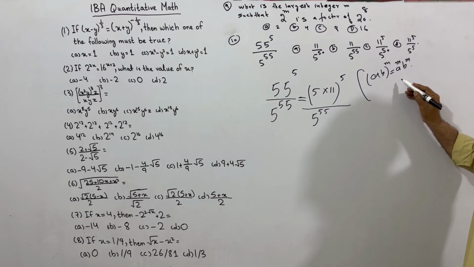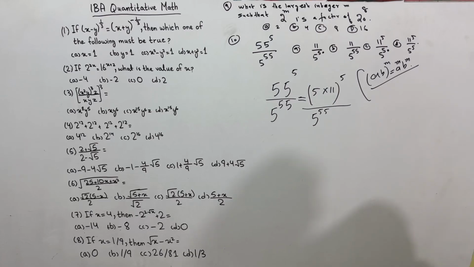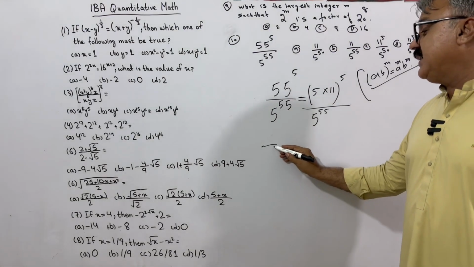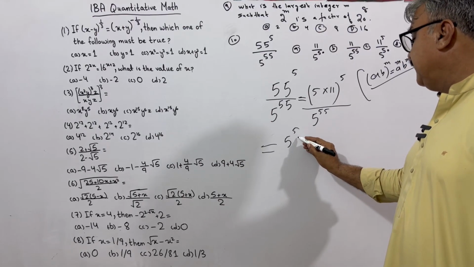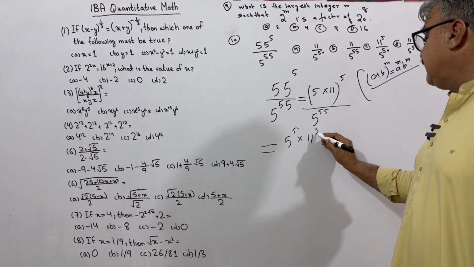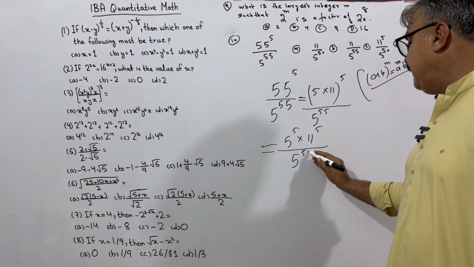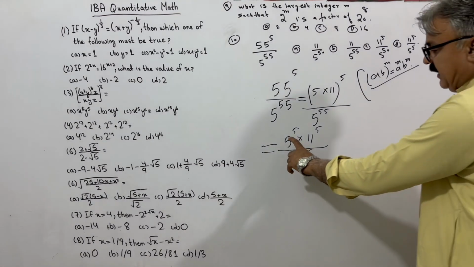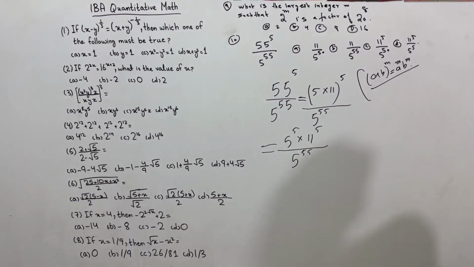By virtue of this rule, I can distribute the power 5 to 5 as well as 11. So we can write 5 raised 5 times 11 raised 5, overall over 5 raised 55.